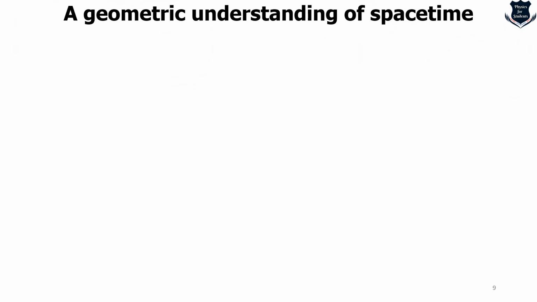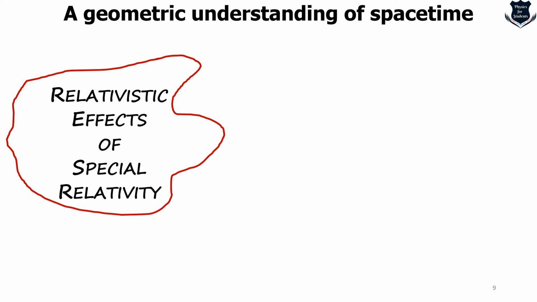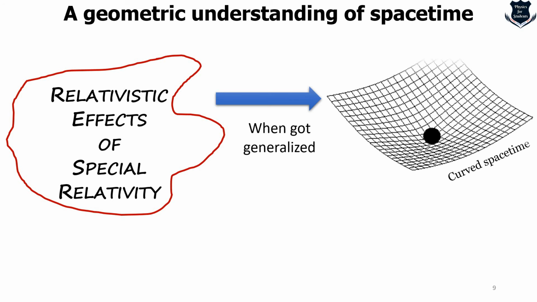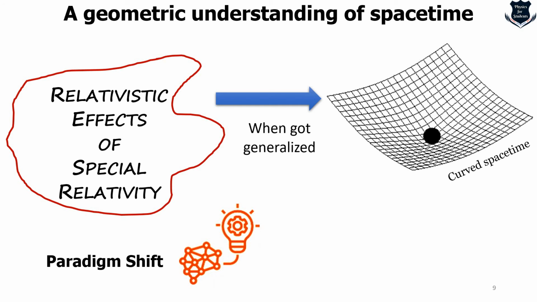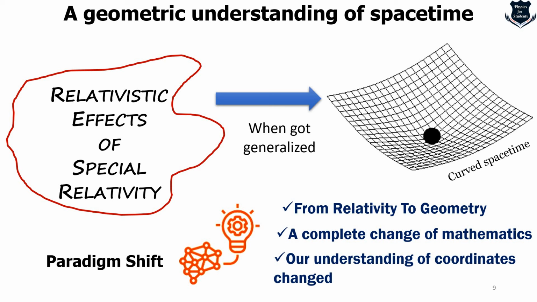So from here, whatever the relativistic effects of special relativity, like length contraction and time dilation, when they got extended or generalized into this kind of illustration, which is called curved space-time, this generalization led to a huge paradigm shift in understanding. It was a paradigm shift from relativity to geometry, a paradigm shift from a complete change of the mathematical tools, and a paradigm shift of our understanding of coordinates, which totally changed.